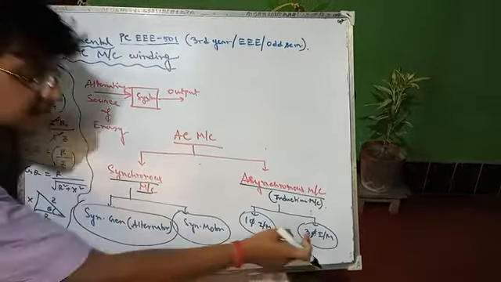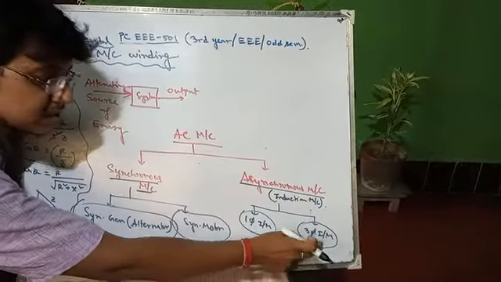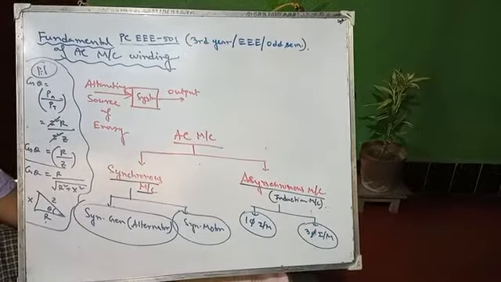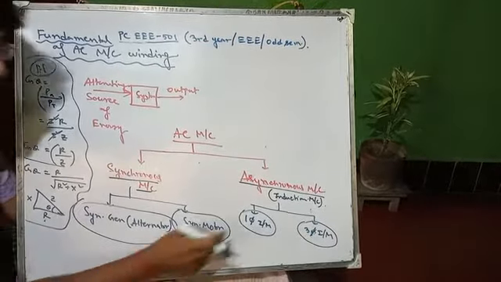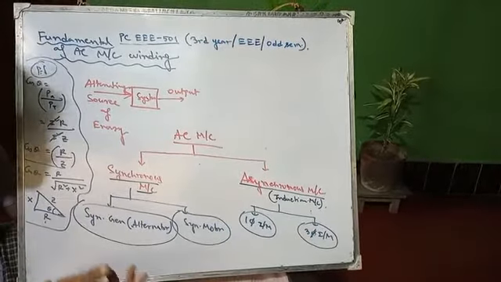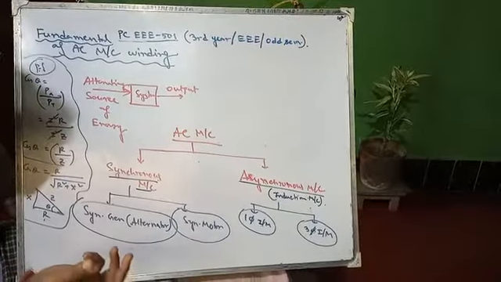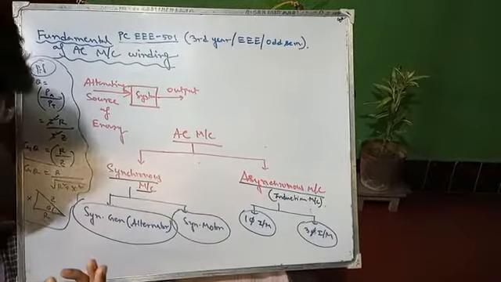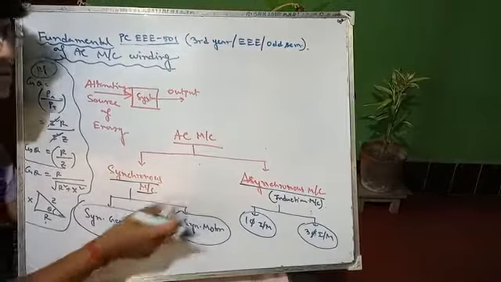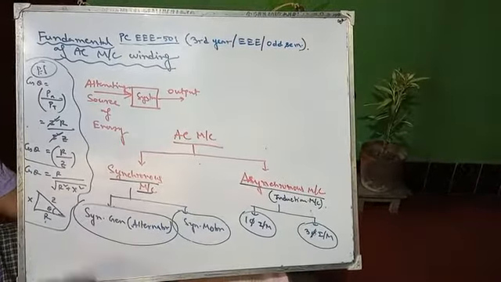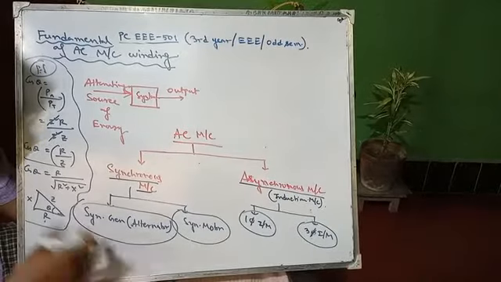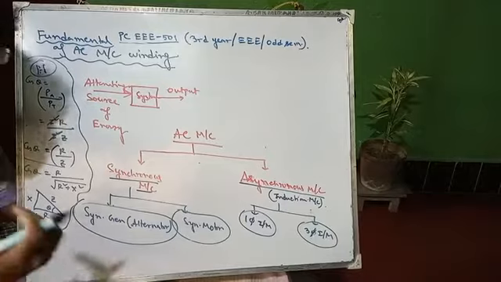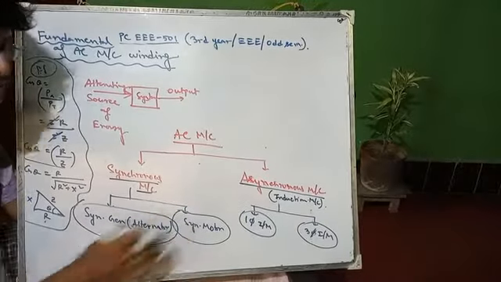For high rated systems, a three phase induction motor is used. For low rated requirements, a single phase induction motor is used. In your home and for domestic purposes, the overhead fan, the ceiling fan, is nothing but a single phase induction motor.